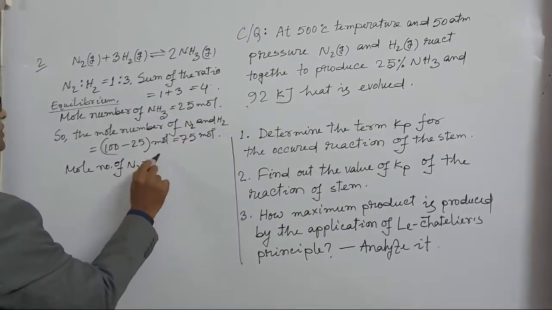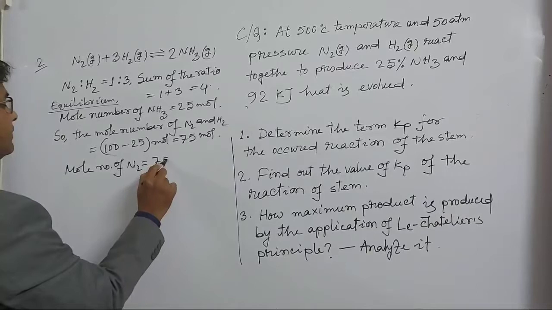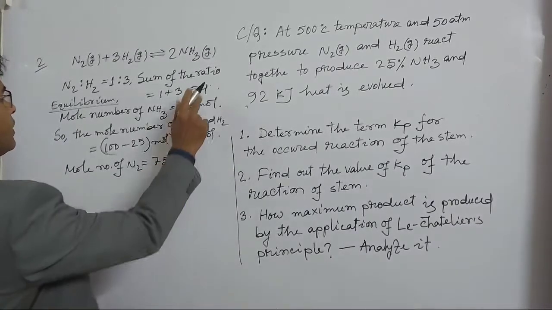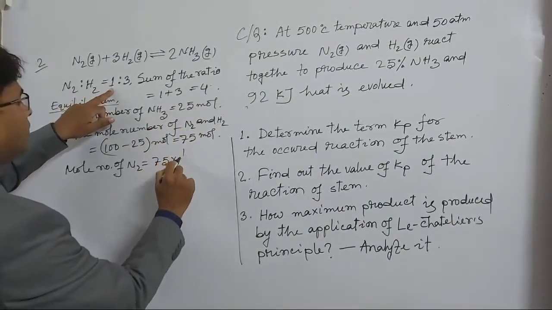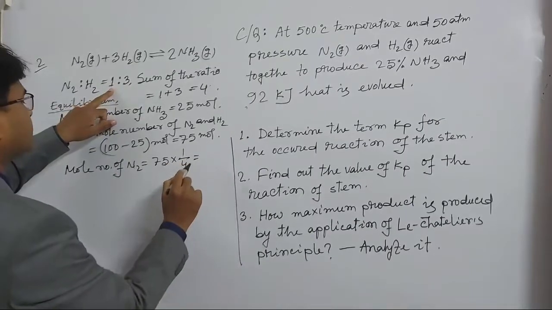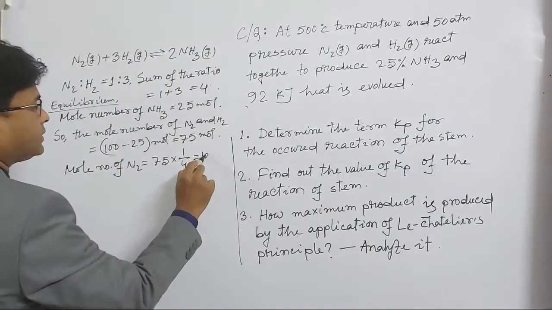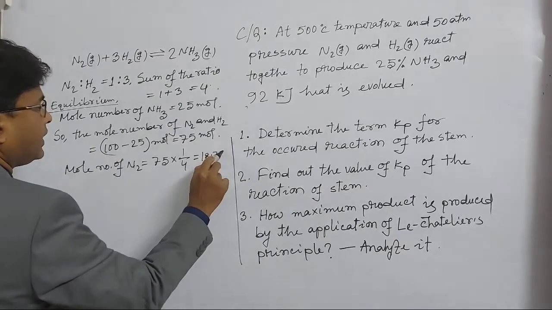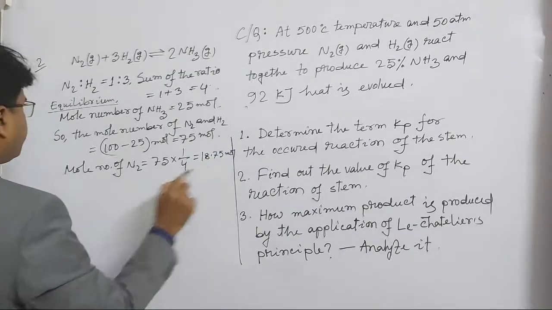So, mole number of nitrogen is equal to 75 into 1/4, which is equal to 18.75 mole.